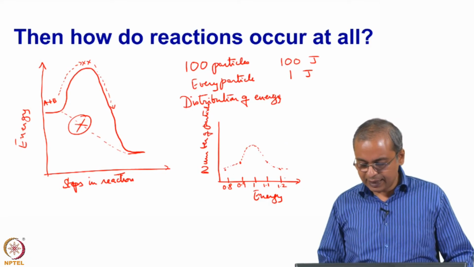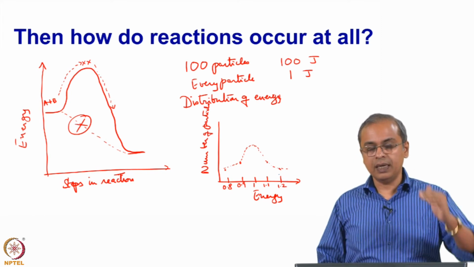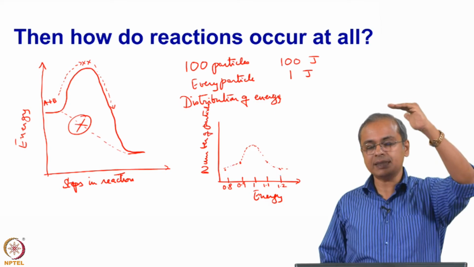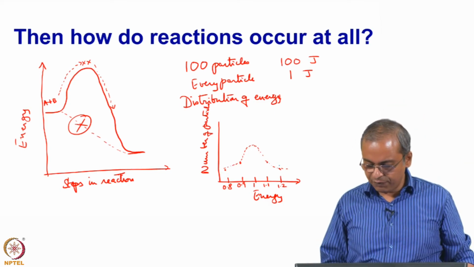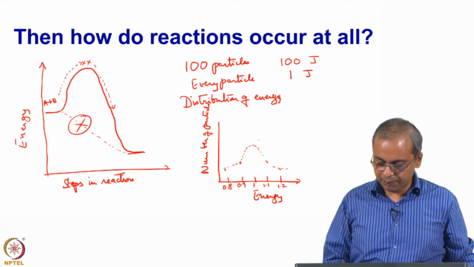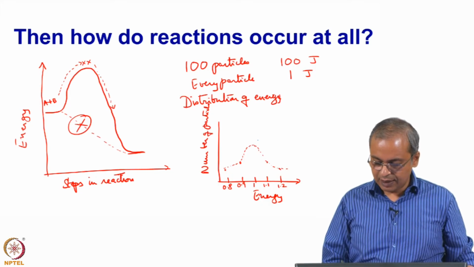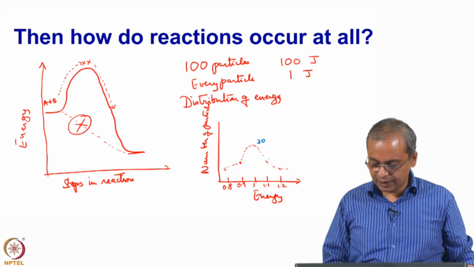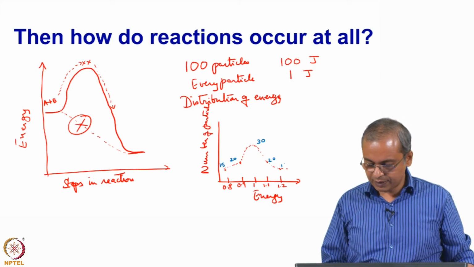the height of the barrier is such that it is 1.2 joules. So, supposing you have to put 20% extra energy to cross that barrier, let us say, you will find that only a small number, only 15 out of these particles. I just put some numbers here, if I remember right, let us say this is 30 particles here, and then we had 20, 20, 15 and 15 particles, just to give you some idea.